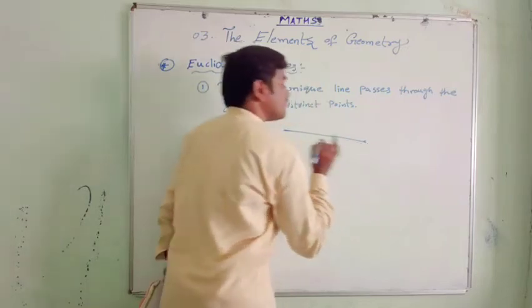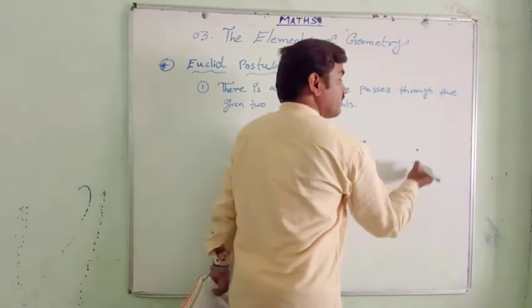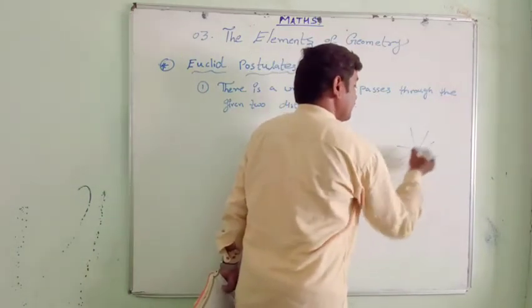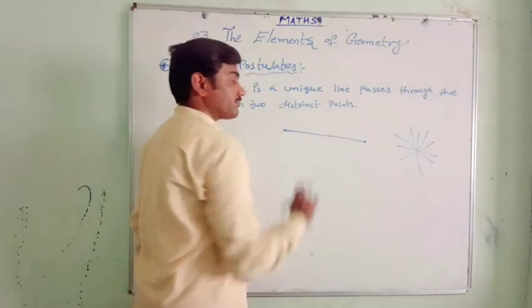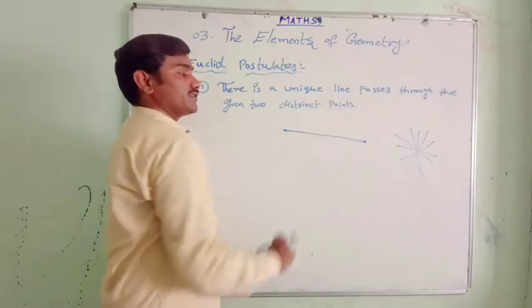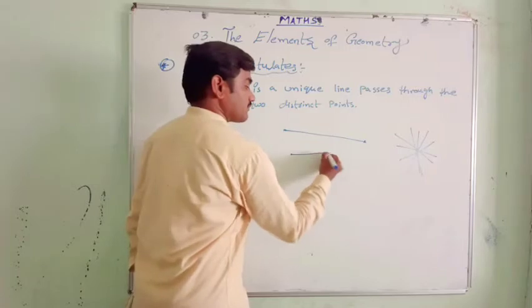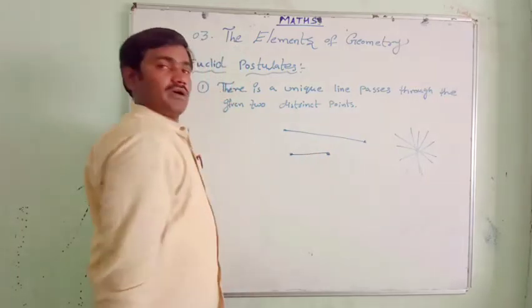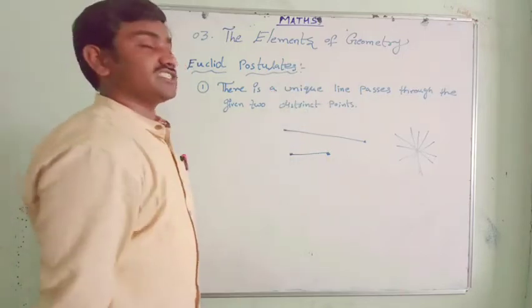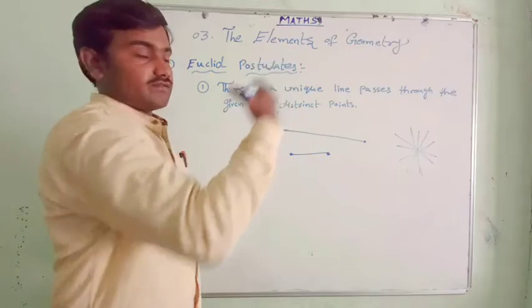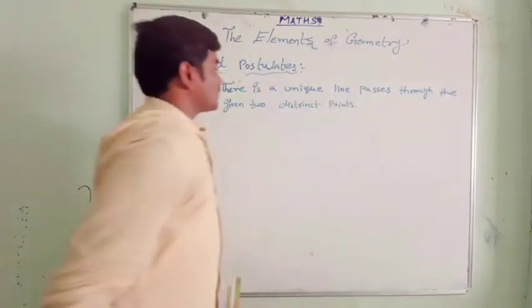Only one unique line will pass through these 2 points. But if I have given 1 point, there are an infinite number of lines that will pass through the given point. If I have given 2 points, only one unique line will pass through the given 2 points. So there is a unique line that passes through the given 2 distinct points. Okay, now we go for the second one.